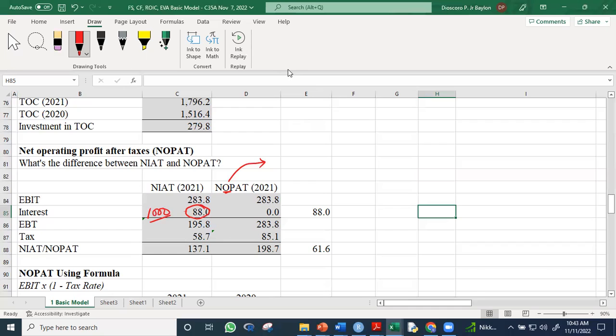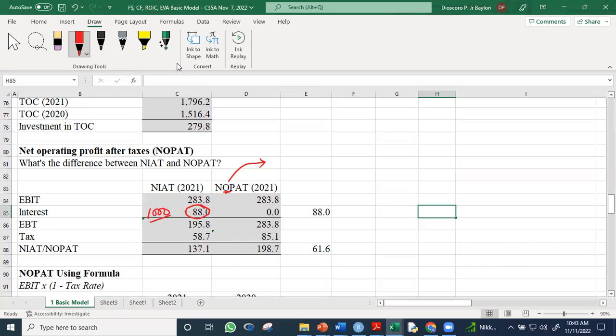Okay, Marian, yes, please. Sir, kasi po sa notepad po ay gumamit po tayo ng 30% tax rate. Pareho silang 30%. This is also 30%. Kaso, ano? But you're correct.